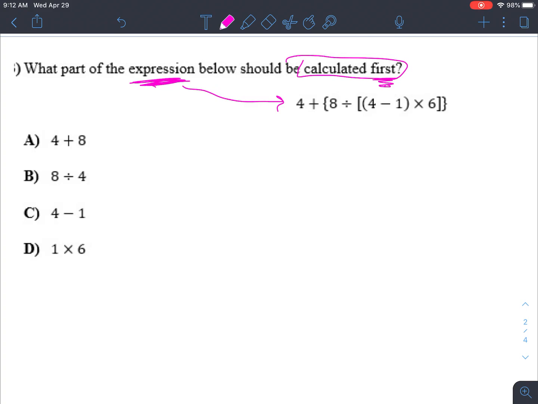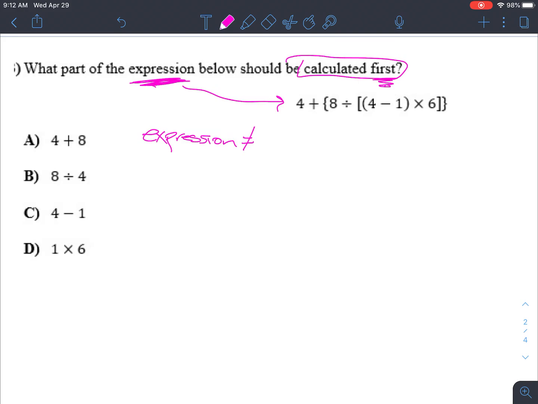Before we go ahead and figure out what we should do first, I want us to have a quick discussion about the difference between an expression and an equation. You guys are really good at this when we were in school. Take a moment to think. An expression is a number sentence that does not have an equal sign.